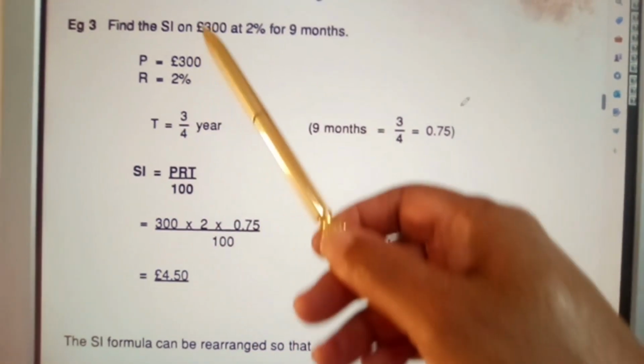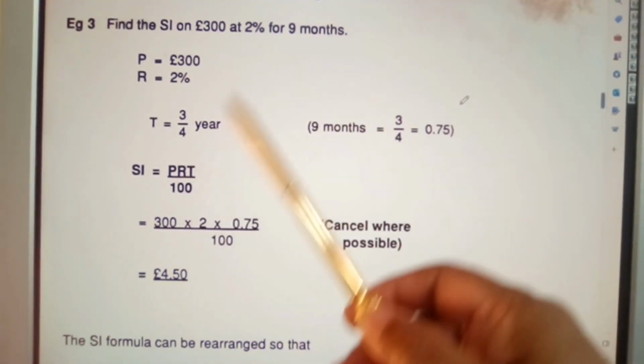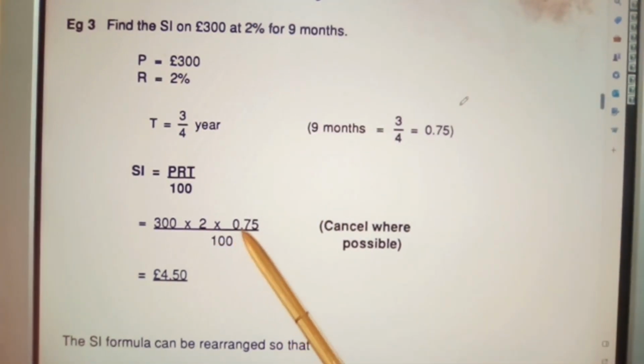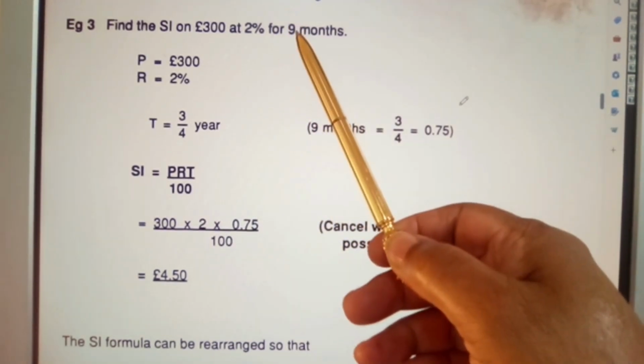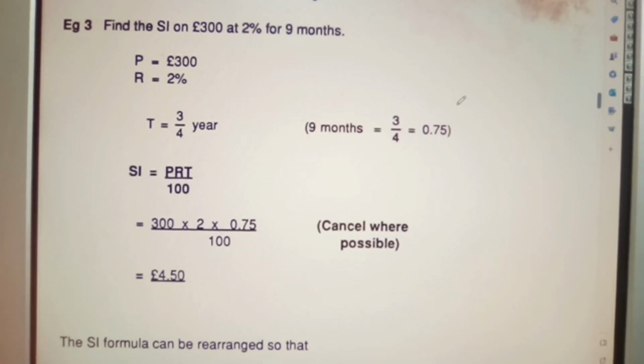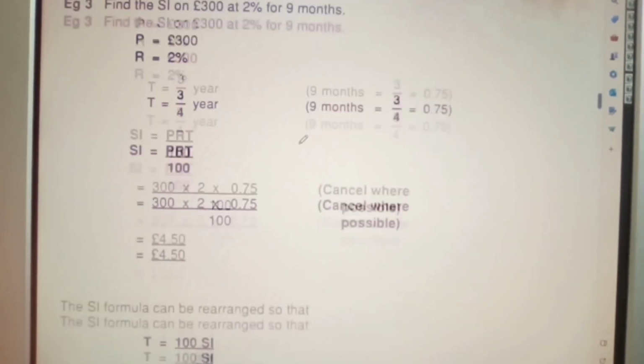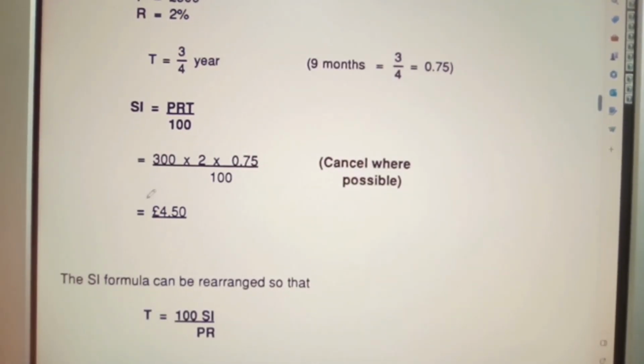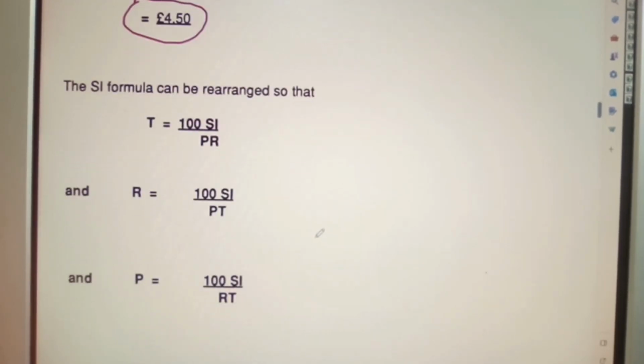You have 300, 2% times 0.75. It's not times 9 months, but 0.75 of the year. And you find that it comes down to £4.50. Now again, write it out, do the calculation for yourself, make sure that it works and it tallies, okay?